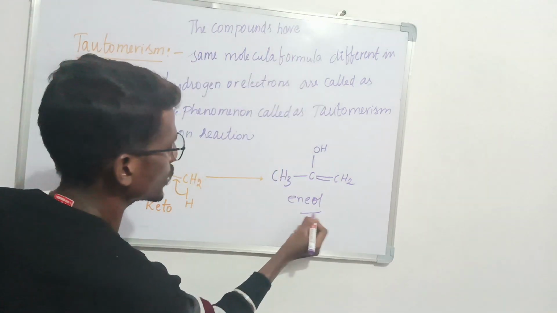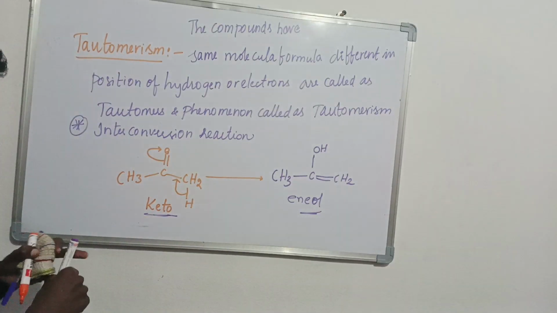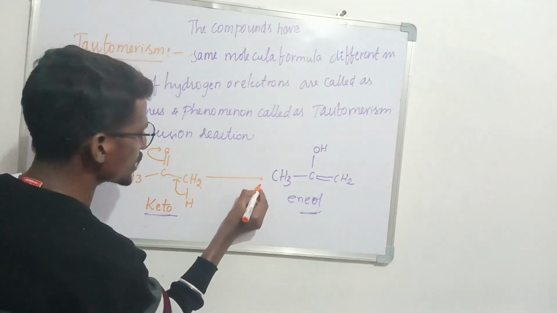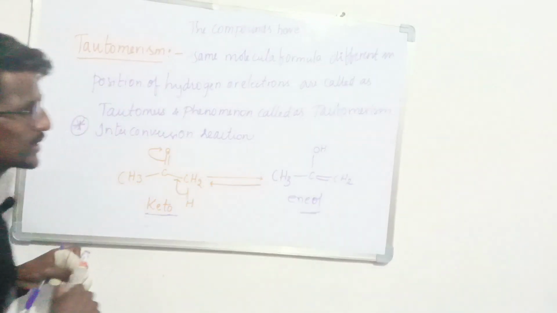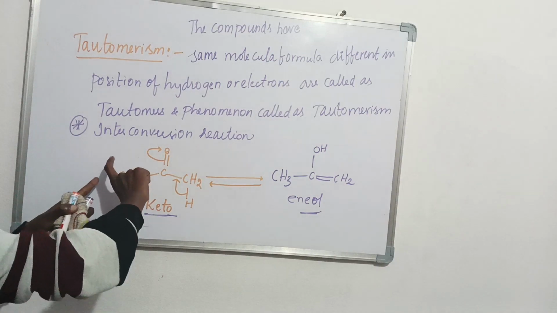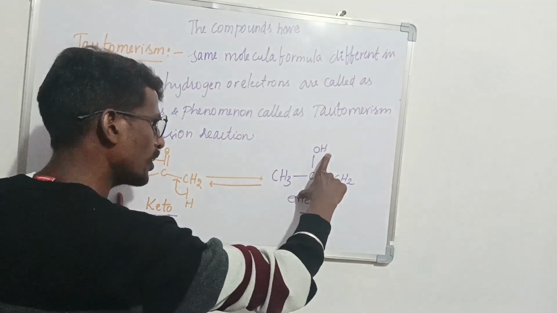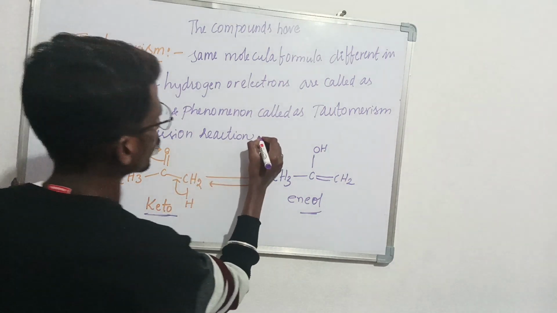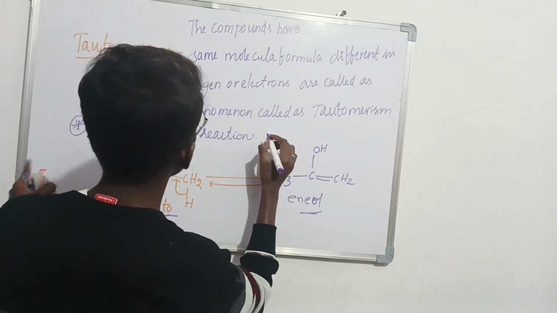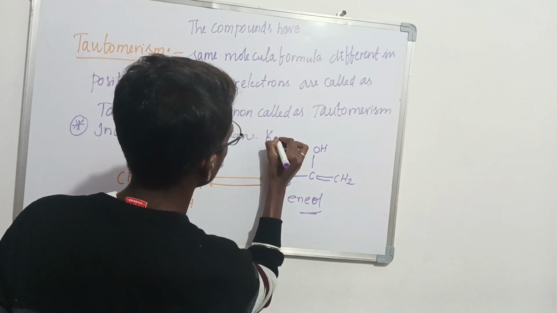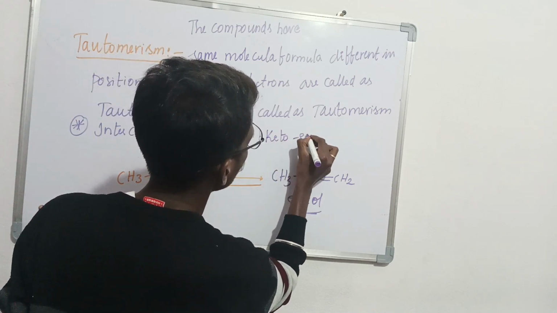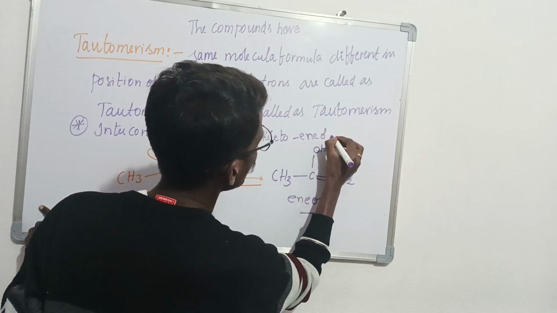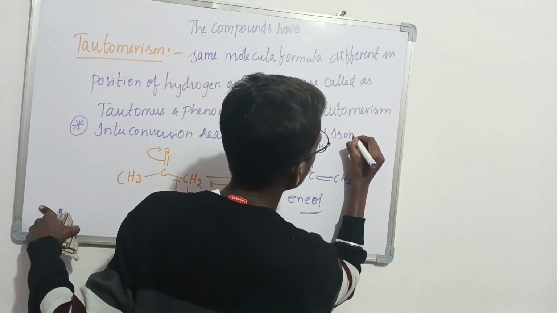It is called enol and it is called keto. It is always an interconversion reaction: the keto is converted into enol and the enol is converted into ketone. Hence it is called keto-enol isomerism.